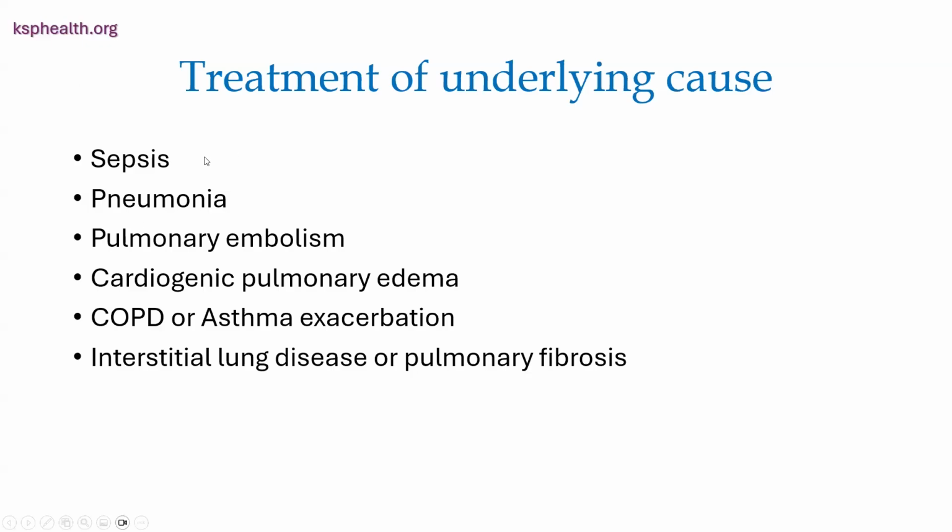Pneumonia, again, early initiation of antibiotics is the key. Pulmonary embolism, identifying and treating aggressively and much faster. Cardiogenic pulmonary edema, asthma, interstitial lung disease, all these diseases can cause ARDS that has 30% mortality. Early identification and aggressive treatment will prevent ARDS, thus improving the survival rate.